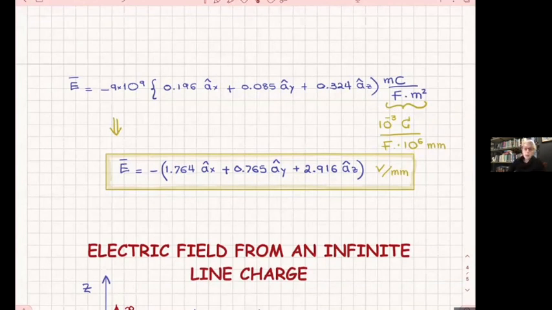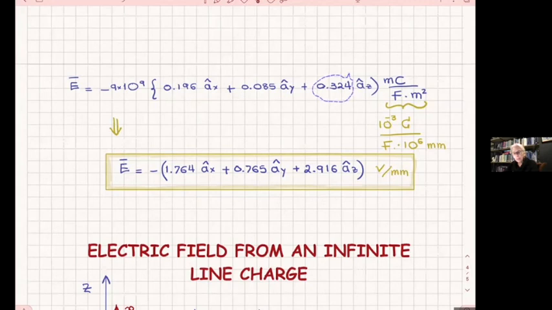So a lot of times, another common mistake that we make is that we do all of the calculations and we do nothing with the units. And sometimes, for example, I'm giving you all of these dimensions, which are dimensions on the XYZ coordinate system.